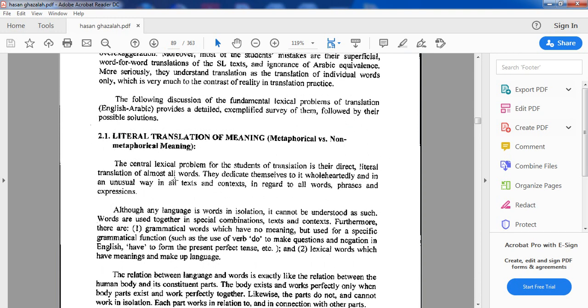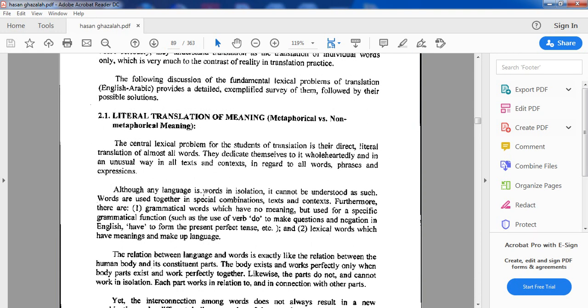And actually he says that although any language is words, yes, the language is composed of words, we will not understand that language by understanding those individual words. So we will understand the meanings of those words by combining them together in a certain context.